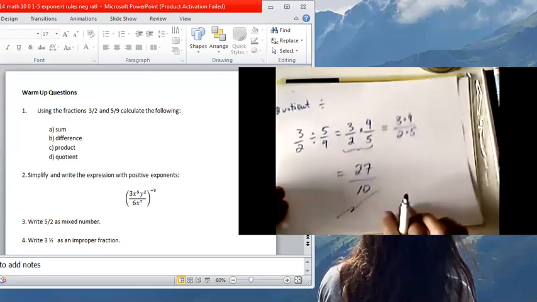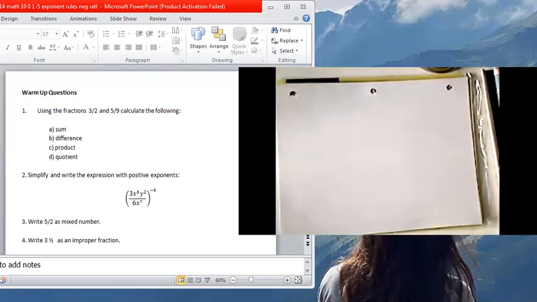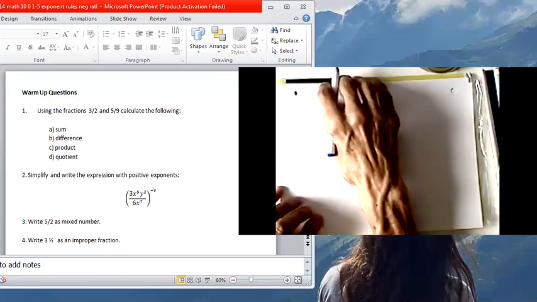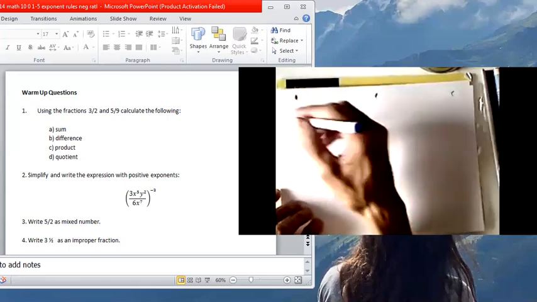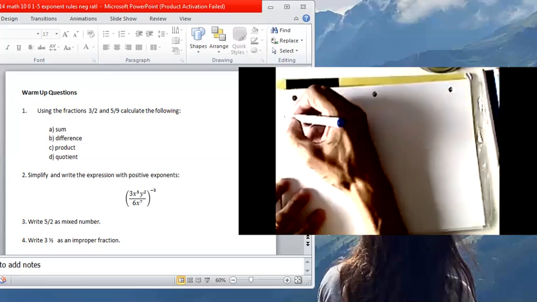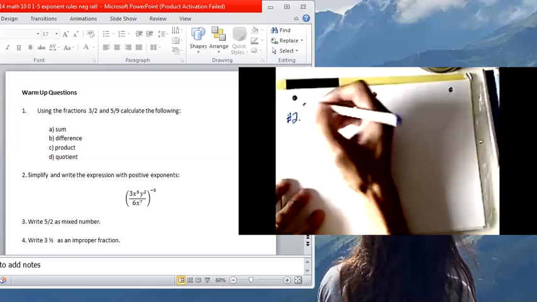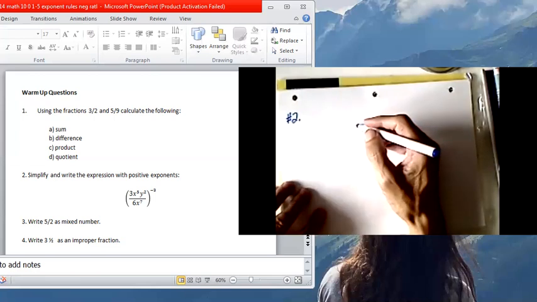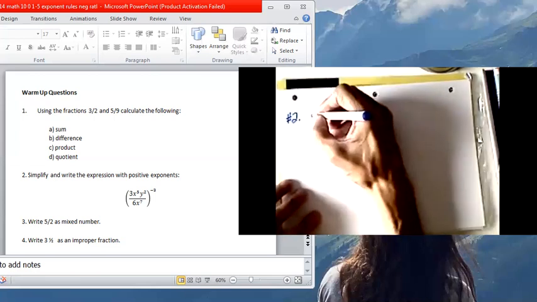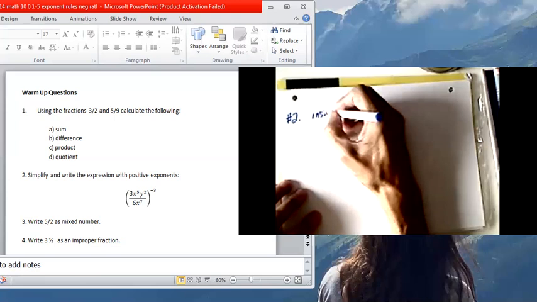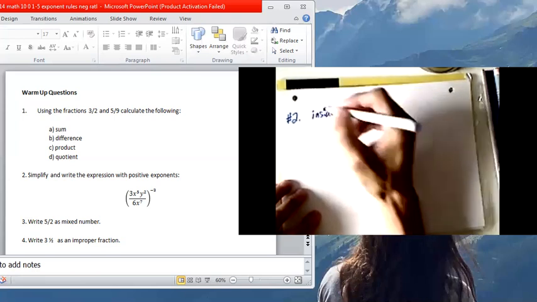Okay, so hopefully that was a nice warm-up with fractions. We're going to be needing them for this topic here. A reminder from last day, this question number 2. The first thing I would do is I would simplify the inside.